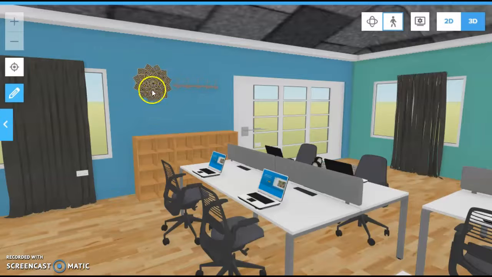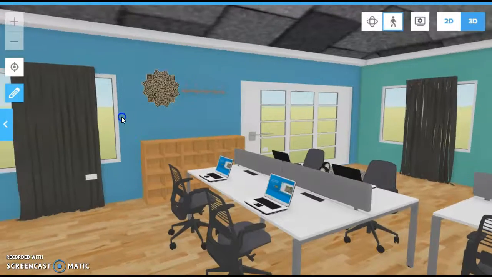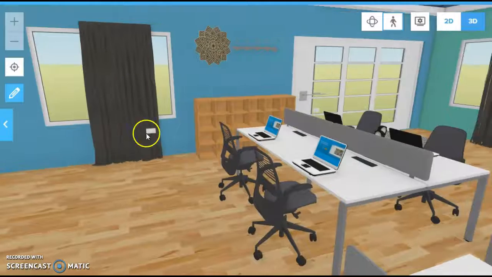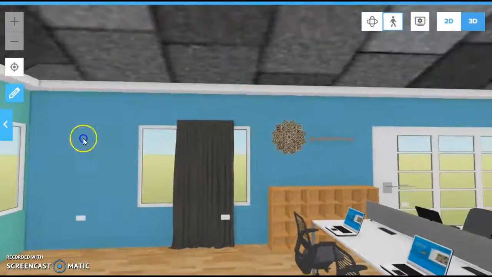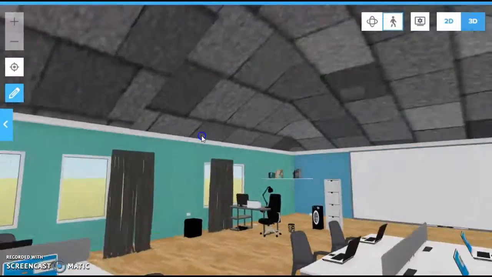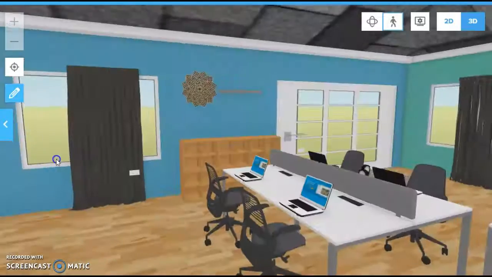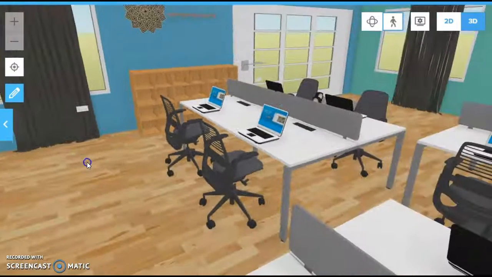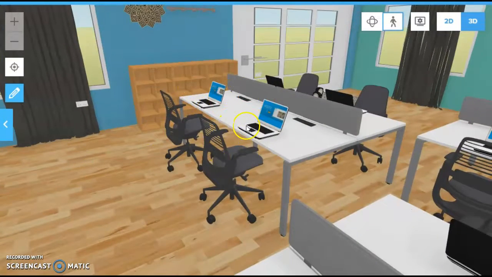And also we have some posters here. This is a decoration, the curtains, the connectors. The connectors are important, especially because we have computers here. If they are not going to work because they need battery or to charge, we are going to have that here.